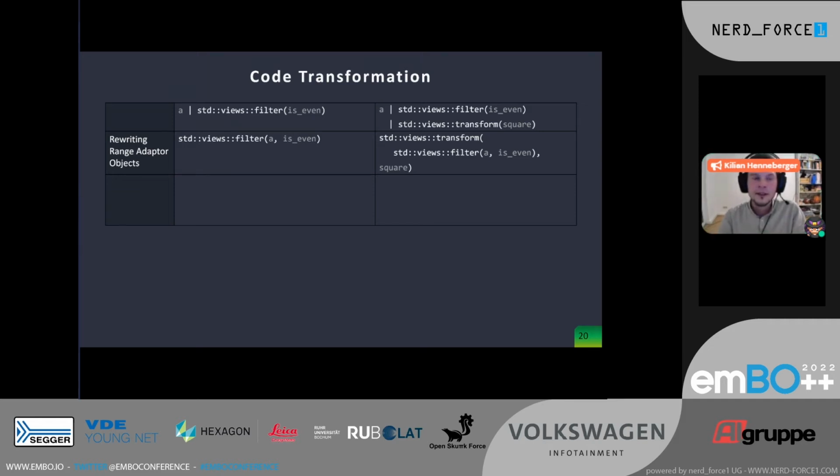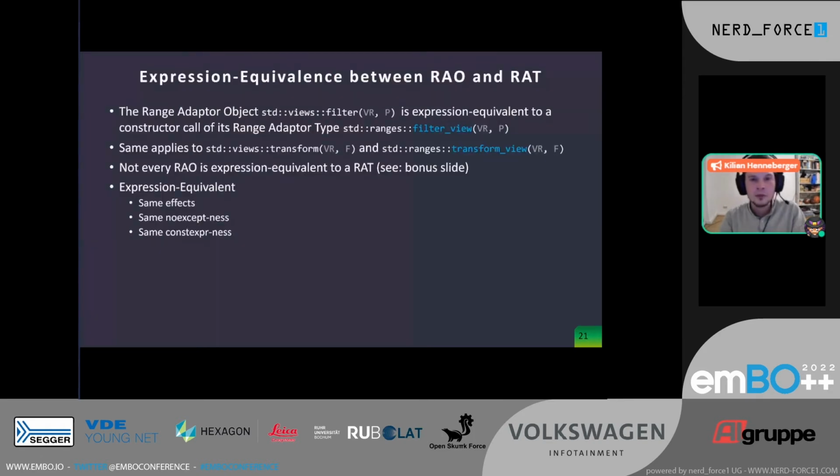The next topic is expression equivalence between the range adapter object and the range adapter type. The range adapter object filter, when called with 2 arguments, is expression equivalent to a constructor call of the range adapter type std ranges filter view with these 2 arguments.